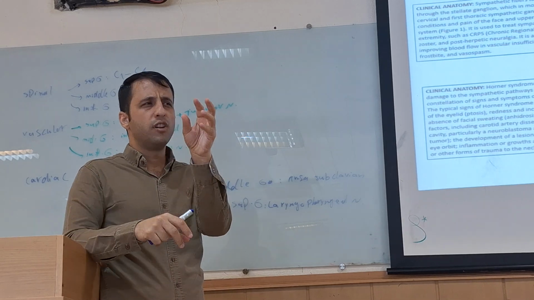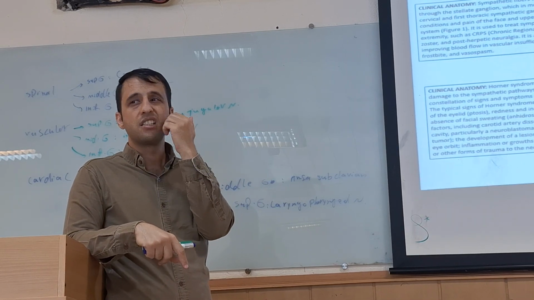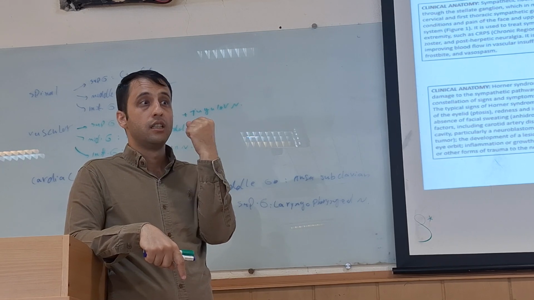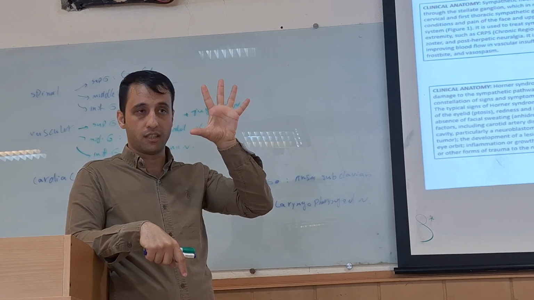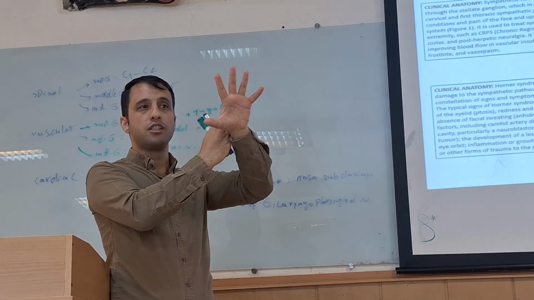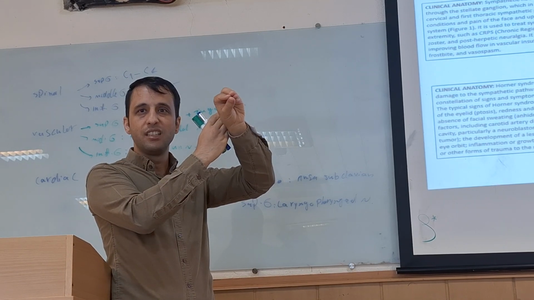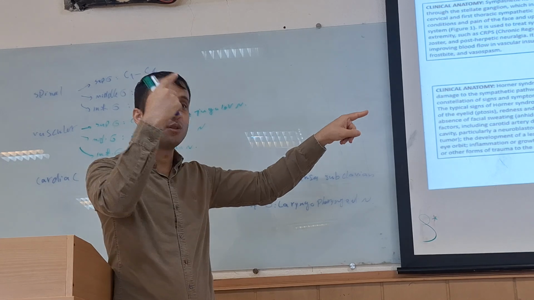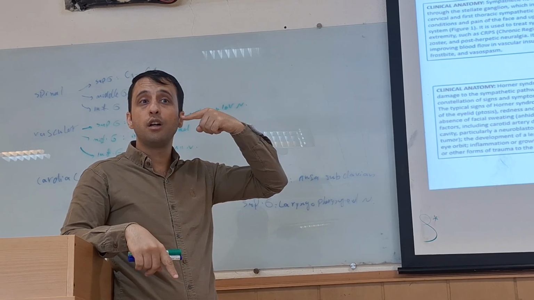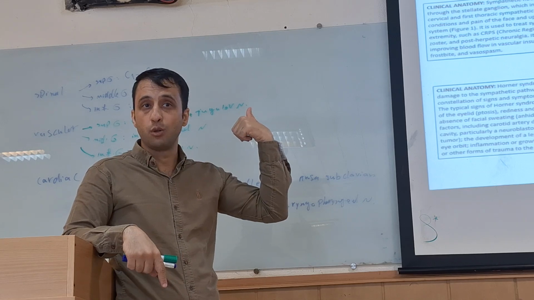So what is the role of the sympathetic in the pupil? Dilation, yes. Sympathetic makes dilation. If I cut this sympathetic fiber, I have narrowing. I have miosis. So miosis is another sign of Horner syndrome.